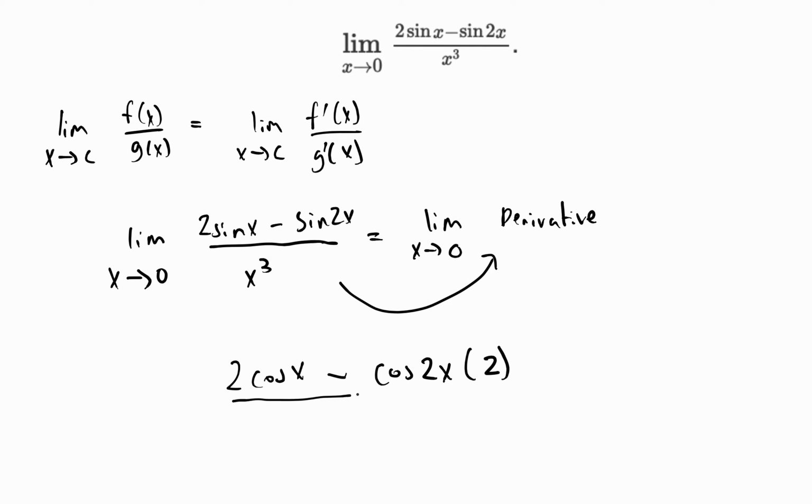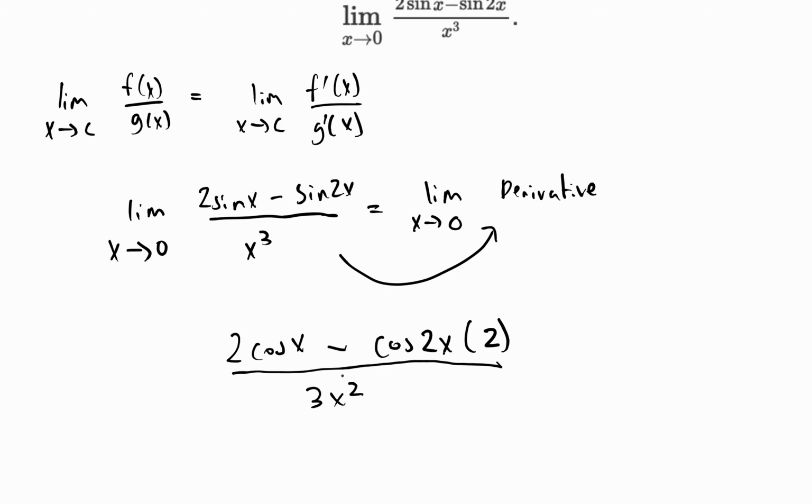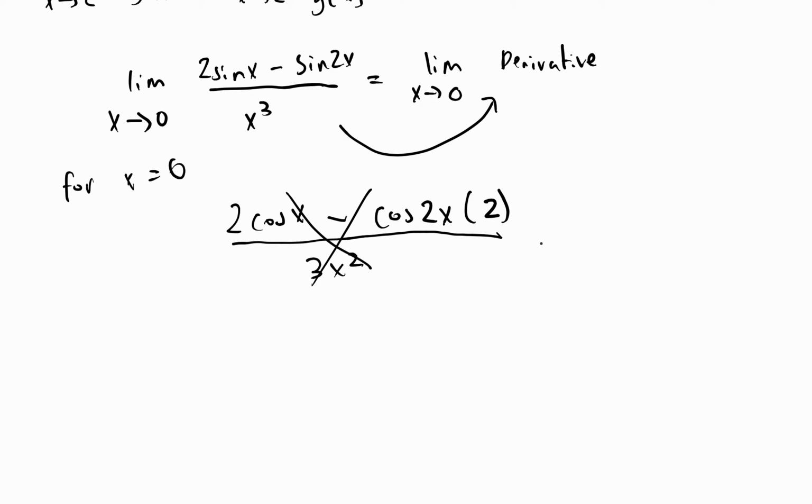The denominator would be d/dx of x cubed, which is 3x squared. Now, if I put 0 in for x, without even doing much work I'll know that putting 0 for x squared gives 0 in the denominator. That just cannot work. Let's differentiate again.